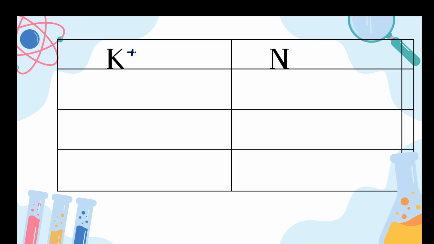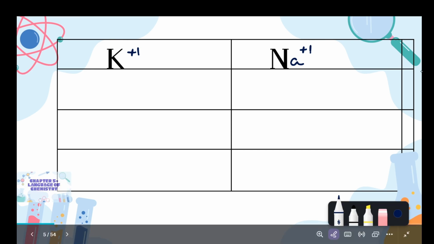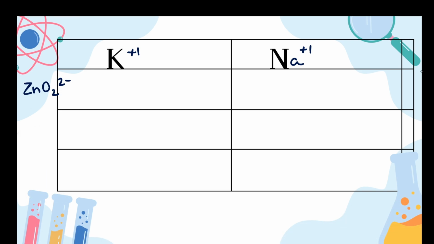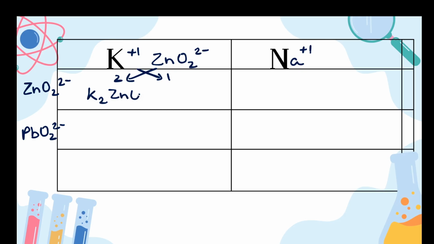Okay, lastly we are going to see the last two radicals. We have zincate, ZnO2 2 minus, and plumbite, PbO2 2 minus. So potassium zincate, how will you write? Interchanging the valencies, potassium zincate will be K2ZnO2.